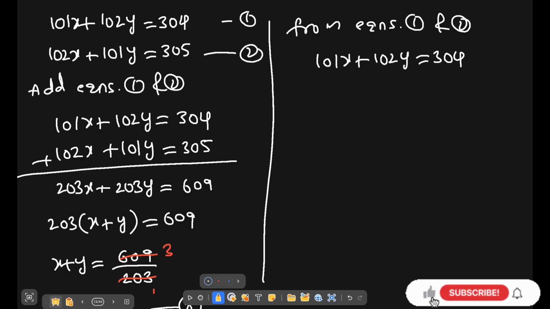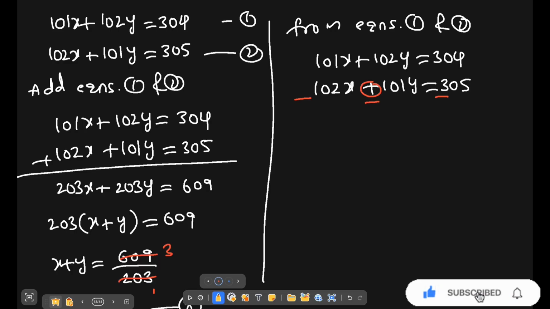Under that, write equation 2. 102x plus 101y is equal to 305. So subtraction, change the symbols. So now this is minus 102x, this will be minus, and this is also minus.